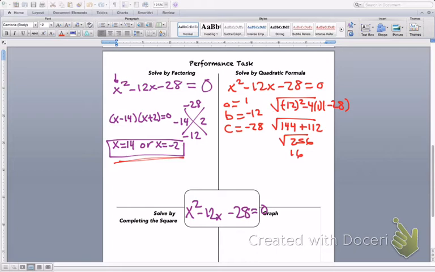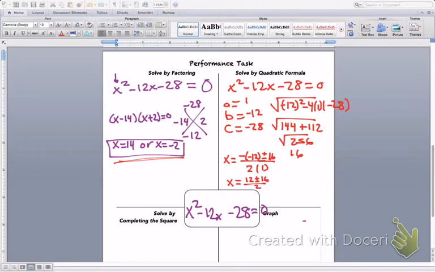Now we're going to take this and plug it into the quadratic formula. So x equals negative b, or negative of negative 12, plus or minus 16, all over 2 times 1. Again, when you're doing this, you'll probably do a lot neater than I'm doing it right now. So x is equal to 12 plus or minus 16, all over 2.